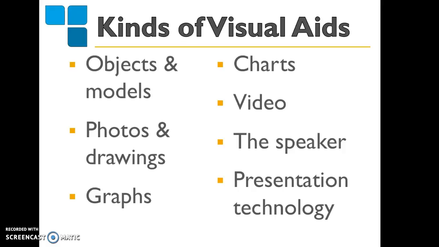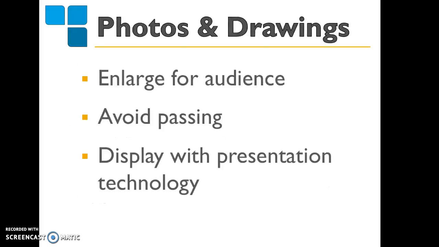Models are three-dimensional scale-size representations of an object. So in most cases, if you're thinking about using an object or model, keep them hidden until you're ready to use it. Make sure that they're big enough for everyone to see, if applicable, and practice your speech using the prop or the model. That is very important.